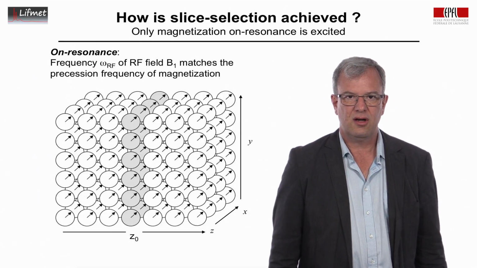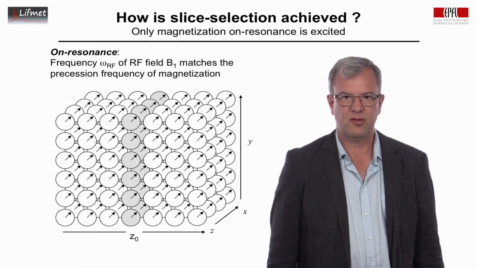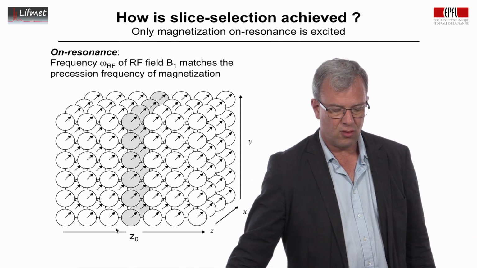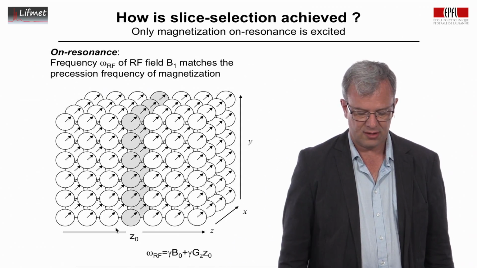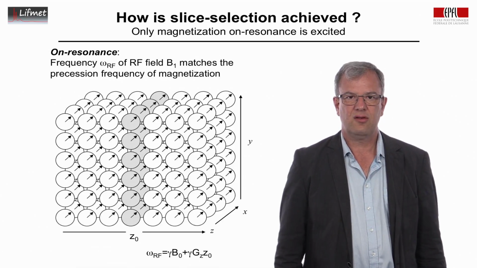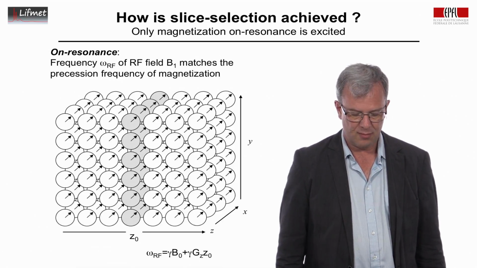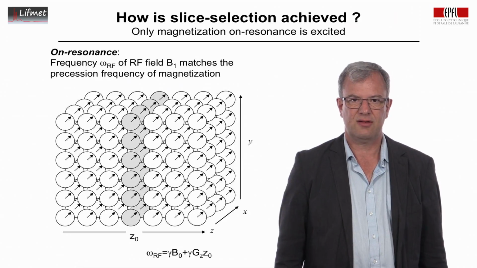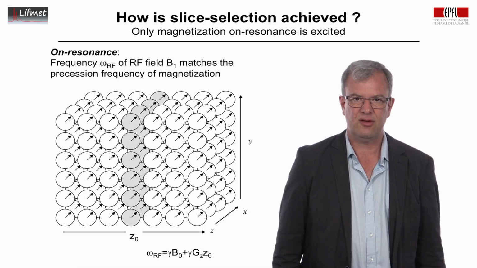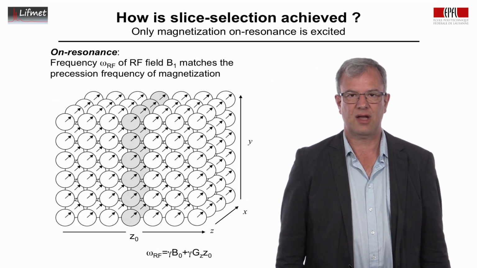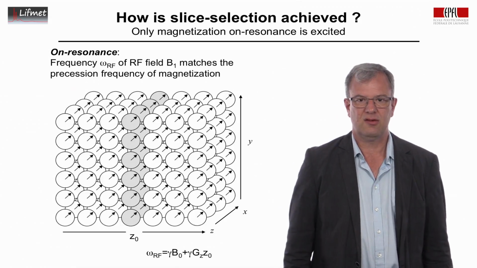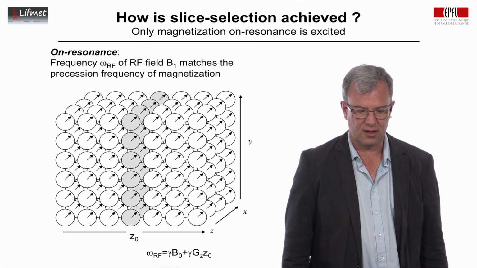Now we'll consider that we have a position z0 that corresponds to the gray voxels in our object, and we consider that the Larmor frequency at this position is given by gamma B0 plus gamma Gz times z0. So if we set omega RF equal to that Larmor frequency, then we are capable of flipping the magnetization into the transverse plane.